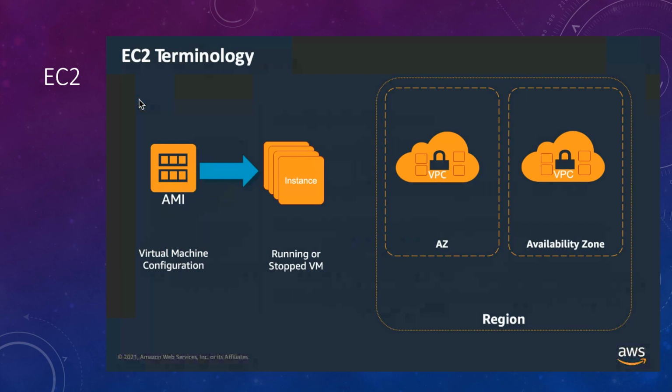And then an instance is created inside what's called an availability zone, or an AZ, as you can see on the right hand side here. An availability zone is really like a data center, but nowadays it's more than one data center, but you can think of it as like a data center within a region. So a region might be the Northeast United States, for example, and that would be US-East-1.